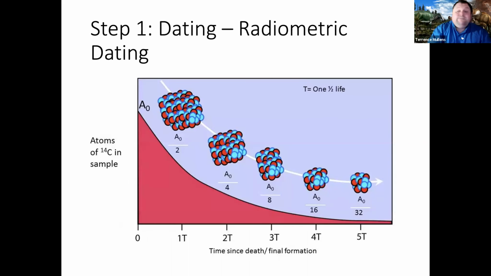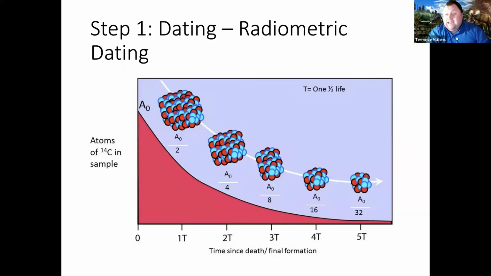So the way that half-lives work is simply that at the surface of the Earth, an object is going to have a certain amount of carbon-14 in it. Once that thing dies at the surface of the Earth, the carbon-14 begins to decay.